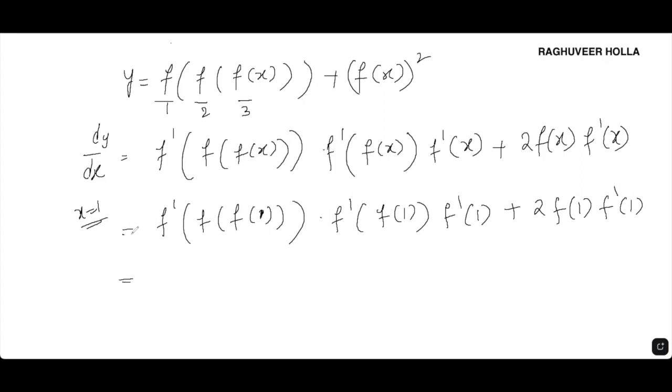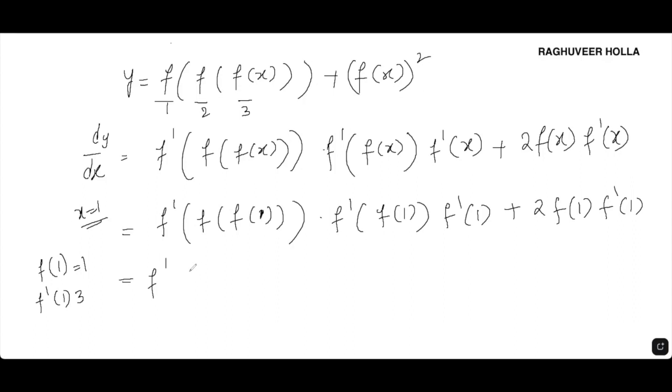So that is equal to, so this is now f of 1, and f dash of 1 is given, which is 1, and then this is 3. So let us substitute it.